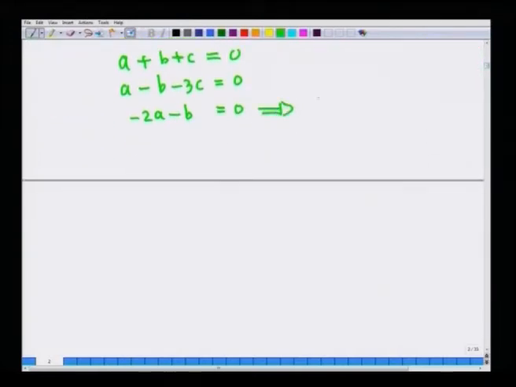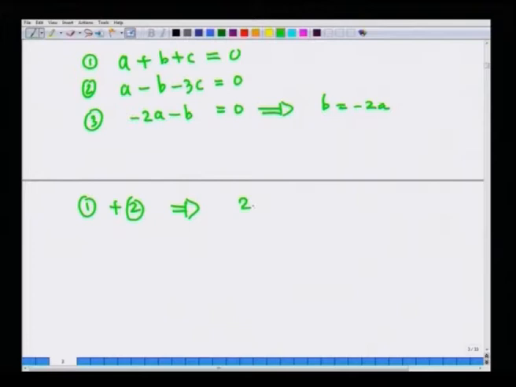The third equation tells you that b equals minus 2a. Let us call these 1, 2, 3. Now, 1 plus 2 implies 2a minus 2c is 0, or a equals c. So, equation 1 then implies a plus b, where b is minus 2a, plus c, and c is a, is equal to 0.